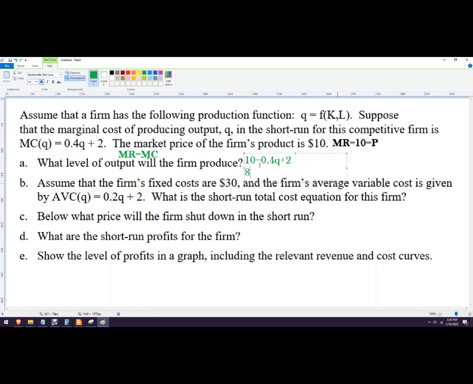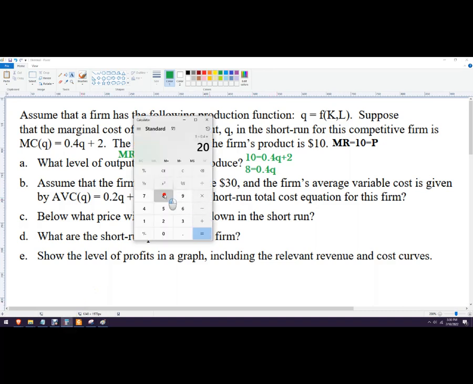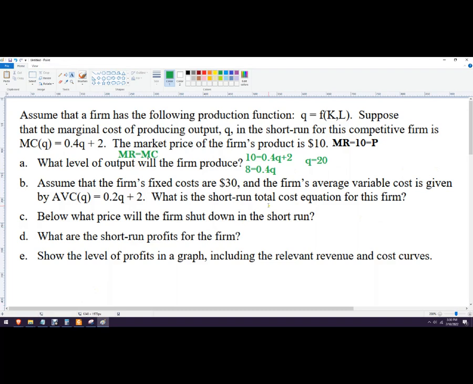Bring that over, it's 8 equals 0.4 Q. And then just divide both sides by 0.4. So 8 divided by 0.4 is 20. So Q is 20. So the profit maximizing quantity is 20.